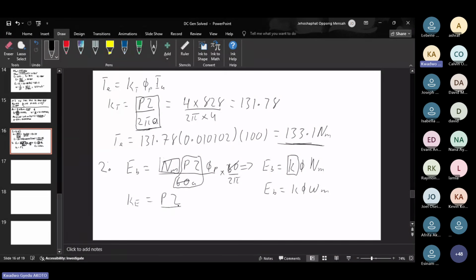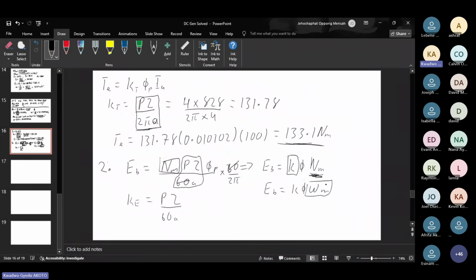So that with this, I can use the speed directly without changing to omega m, right? But if I wanted to change the speed to omega m and use it, I would have to use this as my constant, okay? So with that in mind, D and P will cancel, right?